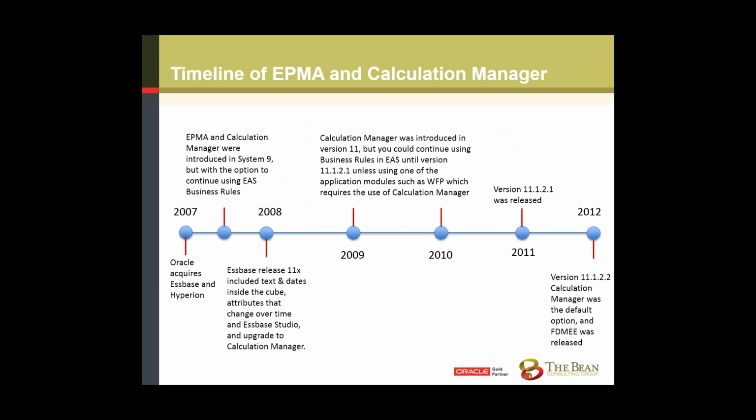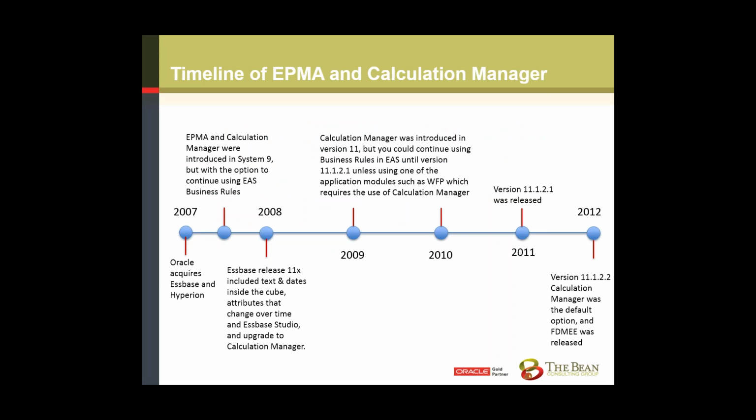So just a little bit of a timeline of EPMA and Calculation Manager, just to provide a little bit of context. Right back in 2007, Oracle acquired Hyperion. Shortly after that, EPMA and Calculation Manager were first introduced in System 9. Very kind of almost buggy.